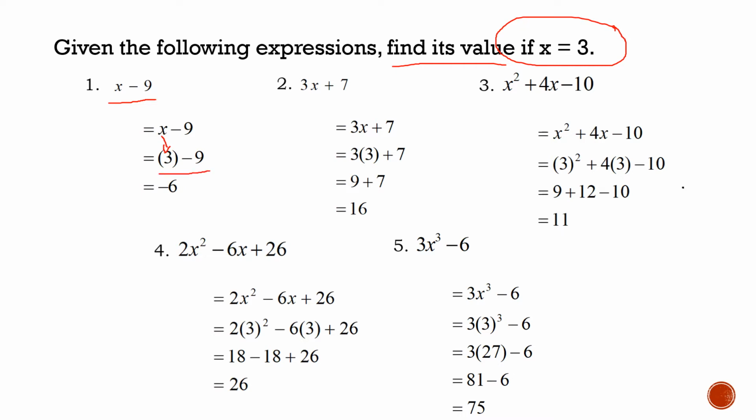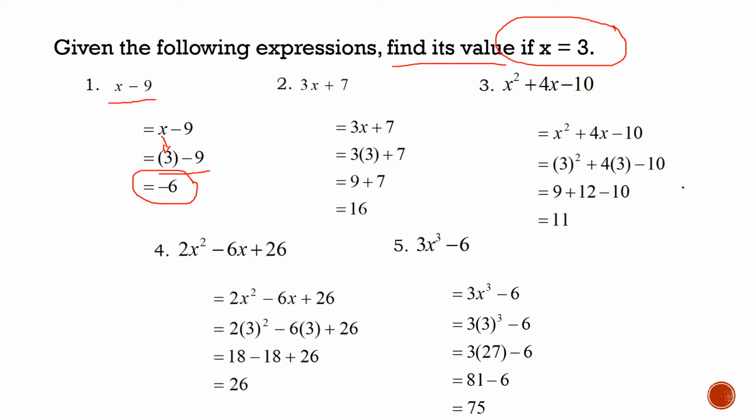Then, upon simplifying, your 3 minus 9, since the absolute value of 9 is greater than the absolute value of 3, we need to follow the sign of 9, which is negative. That's why 3 minus 9 is equal to negative 6. So that will be the value of your first expression when your x is equal to 3.